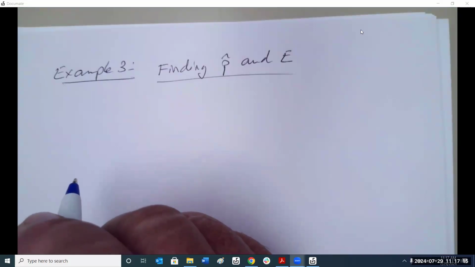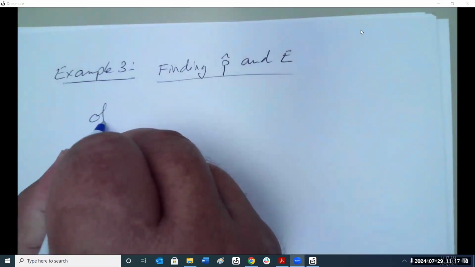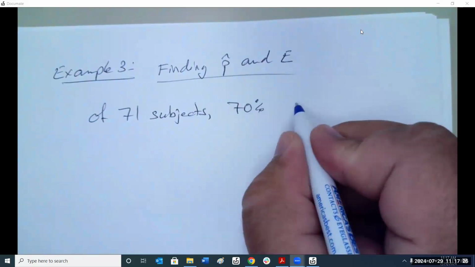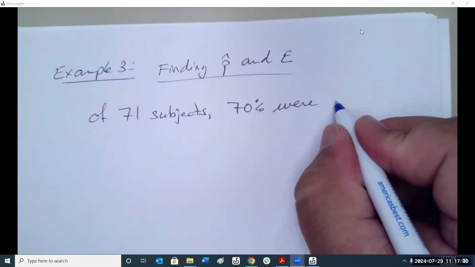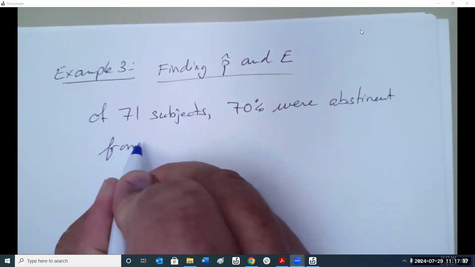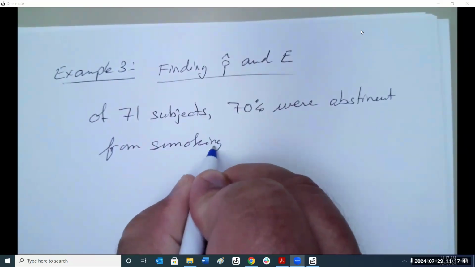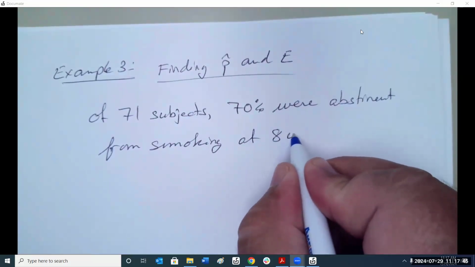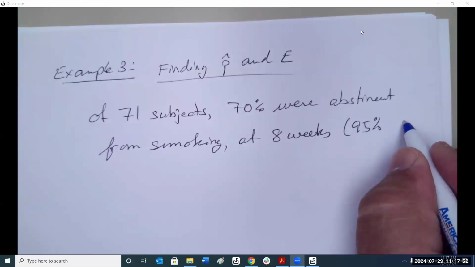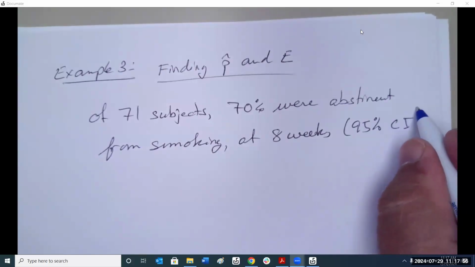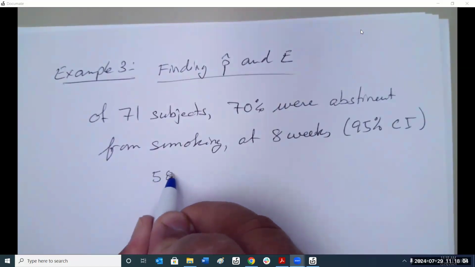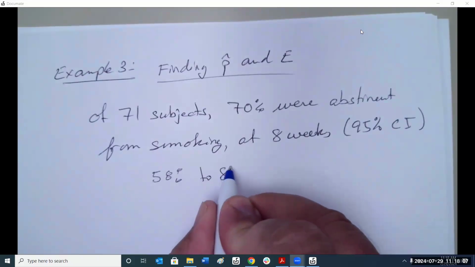The article "High Dose of Nicotine Patch Therapy": of 71 subjects, 70% were abstinent from smoking at 8 weeks, using a 95% confidence interval, 58% to 81%.